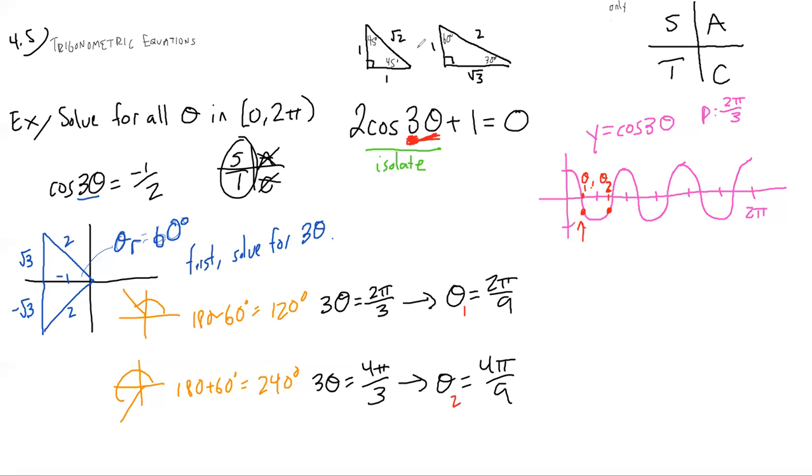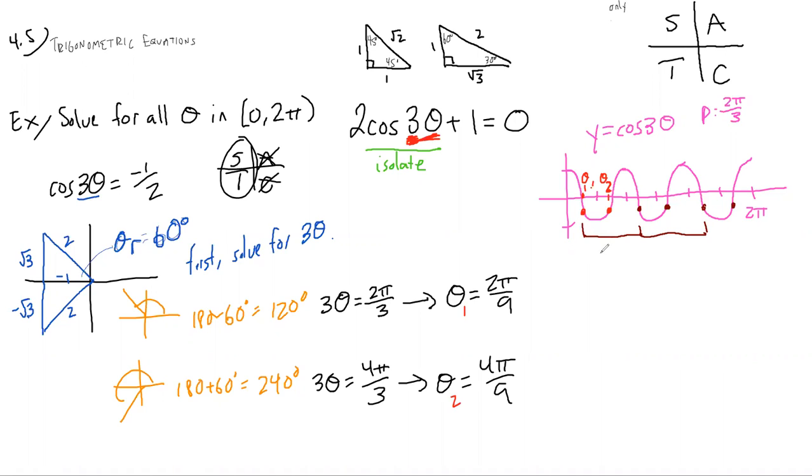In that picture, there's going to be a whole bunch more. In fact, we need 2 more sets of answers. What we've actually got here is, for every additional period inside of 0 to 2 pi, there's going to be more answers.